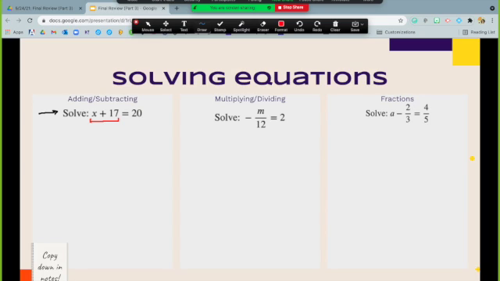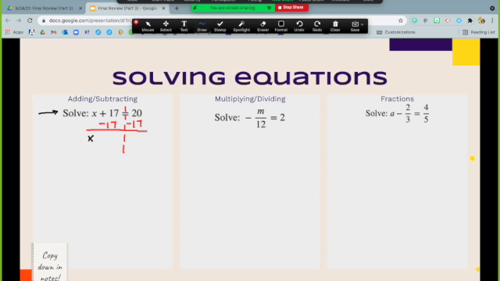So the opposite of adding 17 would be to subtract 17 on both sides of our equation. Remember, whatever I do to the left side of the equation, I have to also do to the right. So if I'm subtracting 17 on the left, I have to subtract 17 on the right side as well. If I do that, I'm going to drop down the x.